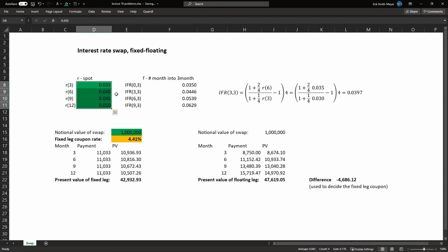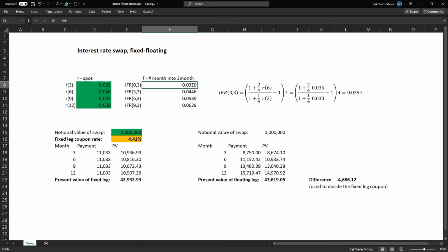They are now 0.5 percentage points higher, which affects the payments here. Just remember that the first payment is not equal to the spot rate anymore, right? Because this first payment was set when you entered the interest rate swap.